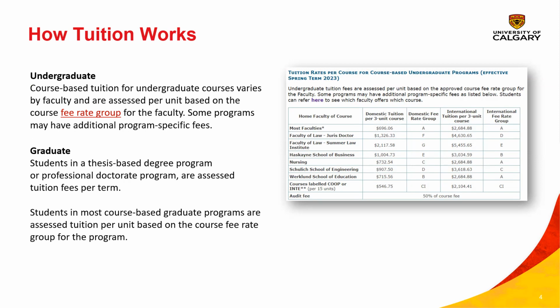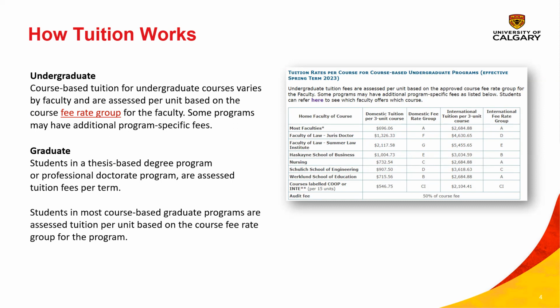The cost per course varies by the faculty offering the course. So something offered through the Haskayne School of Business or the Schulich School of Engineering is a little bit more expensive than courses offered through the faculties of arts or sciences, just reflecting the differences in instruction and the relative costs there. Each course has a fee rate group, which you can see examples of some of the fee groups here in the screenshot from the academic calendar.